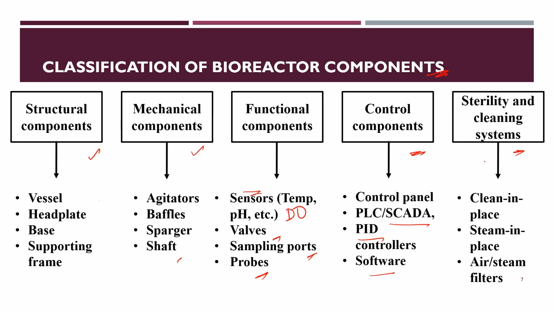It should allow sterility and cleaning systems like cleaning in place, steam in place, and if thermal sterilization is not possible, there should be provision for air and steam filters. You can go for filter sterilization.